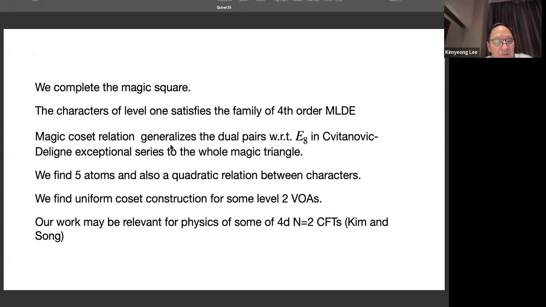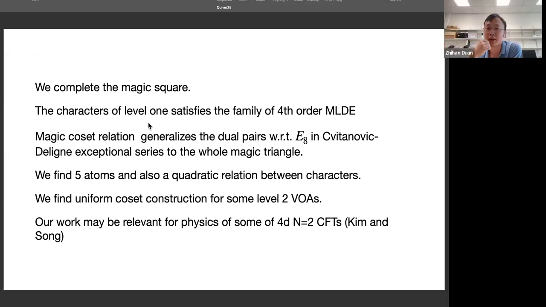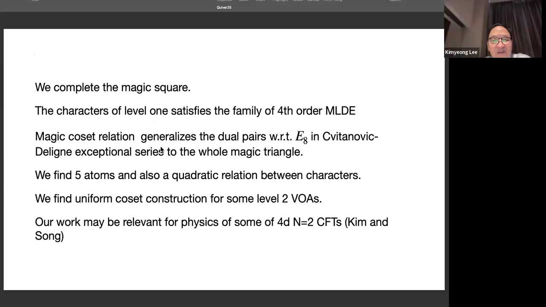I think minimal models have Nahm sums. So in some sense, if U1 level 3 has a Nahm sum, then maybe because of the atomic construction, maybe all of them have Nahm sums. But I'm not sure. We can try to guess what could be the higher dimensional version. Indeed, then we can go to 3D, and maybe that would allow us to go to 4D and so on. I see. Okay, thank you.